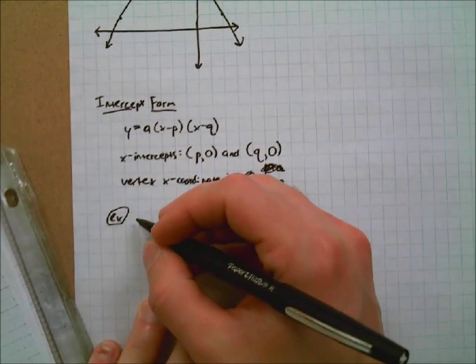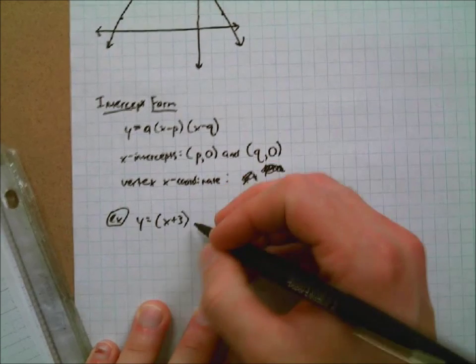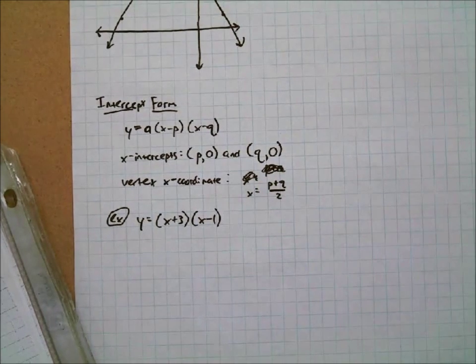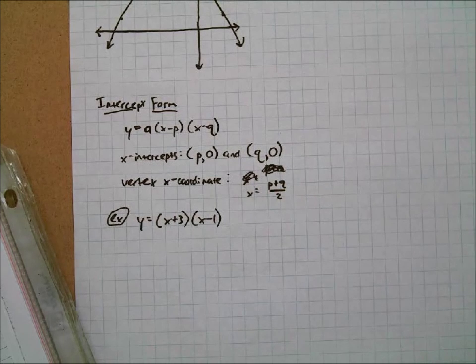Let's say y equals x plus 3 times x minus 1. So what are our x-intercepts going to be here? What do you say, Matty G? They're going to be -3 and 1. Yeah, -3, positive 1. You got it.